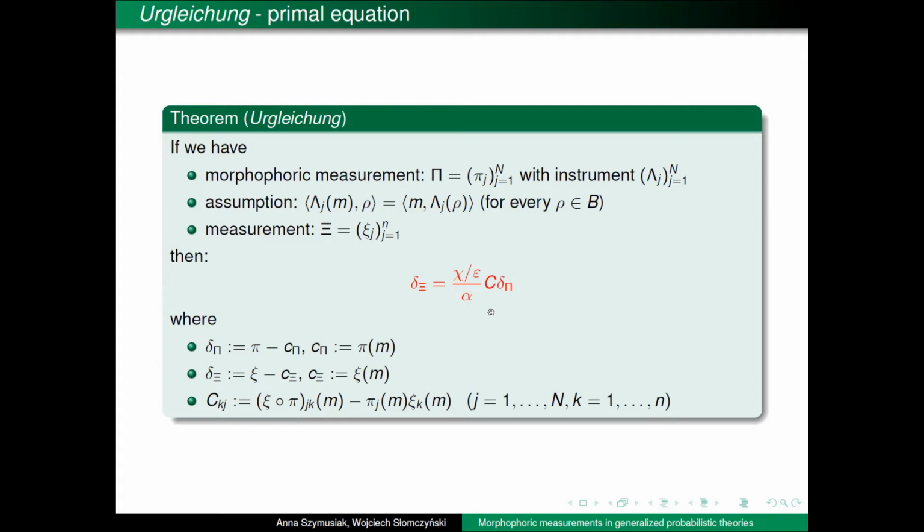All the terms in this equation can be interpreted in the probability language, and you see here is again this parameter chi over epsilon, and here is this similarity constant alpha. So we obtain in this way a sort of generalization of the Born rule, or the Urgleichung. And I think that now it is time for Anya to give us a kind of excursion into the world of morphophoric measurements.